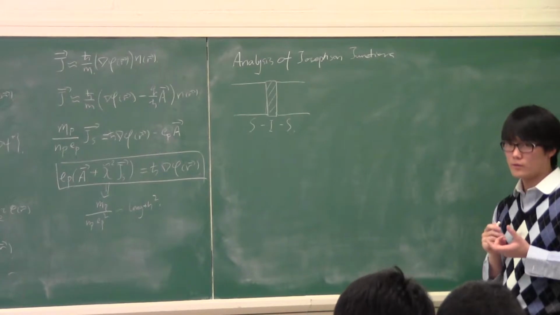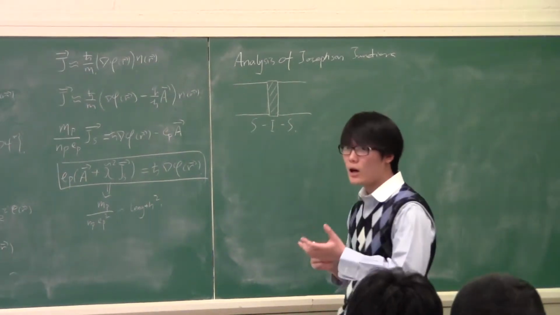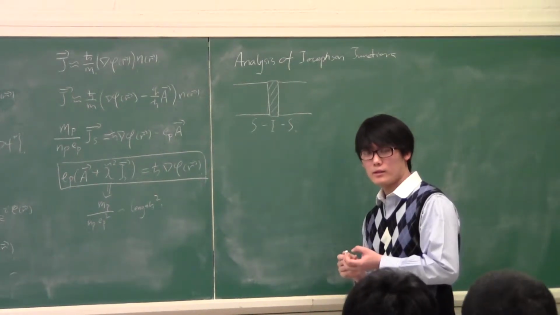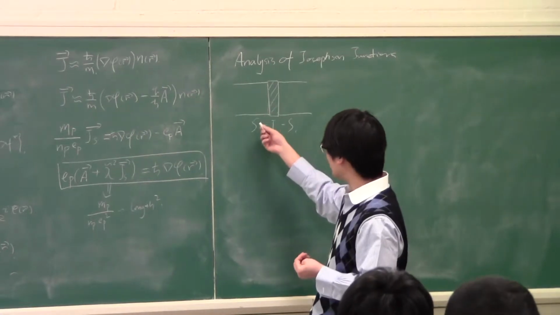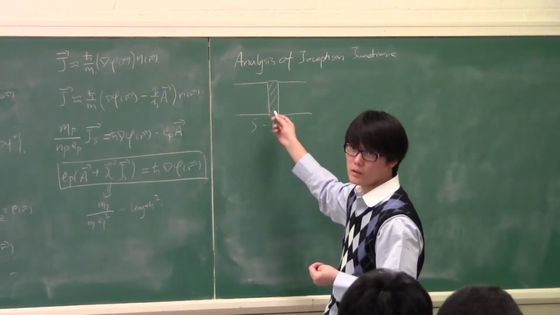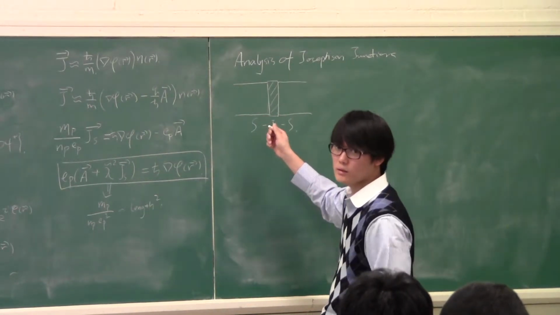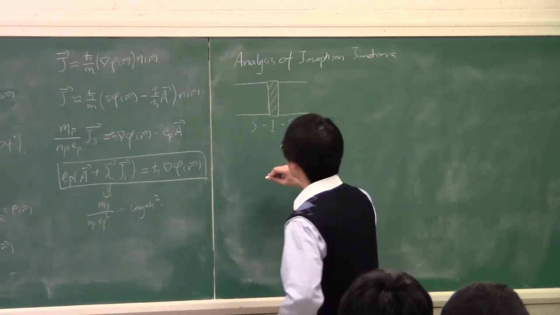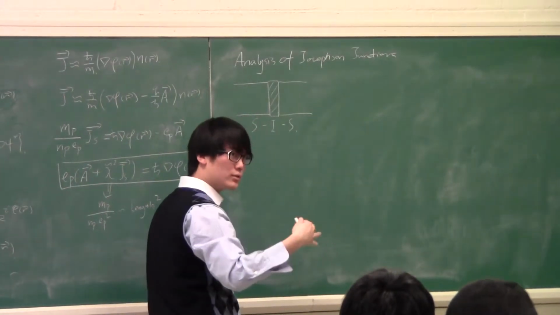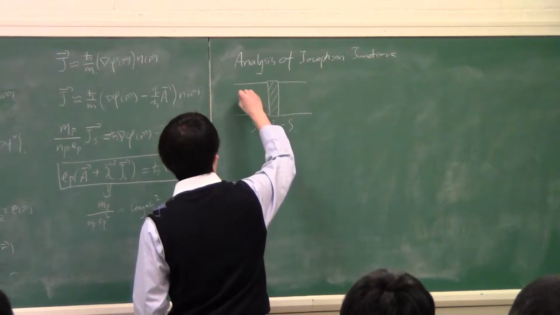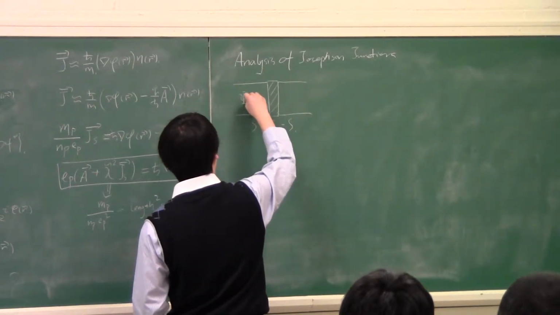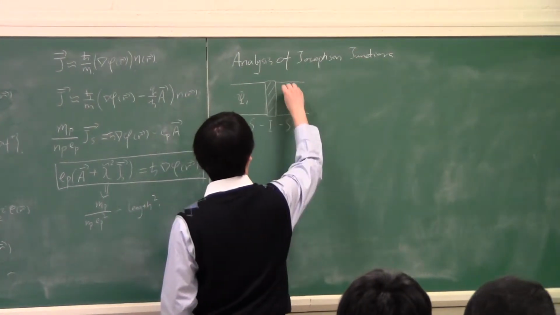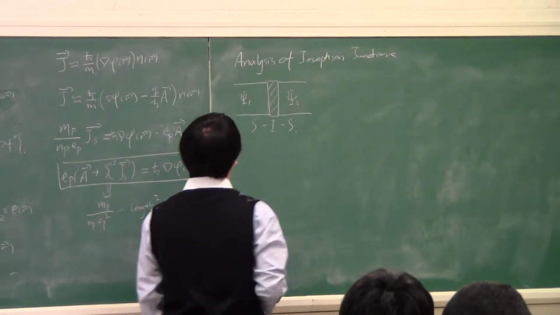And what we have learned so far is that other than at the boundary, the wave functions inside of the superconductor are pretty much constant. And it's an overall wave function that models the behavior of every Cooper pair there. So let me call the wave function over here big psi 1. Wave function over here psi 2.